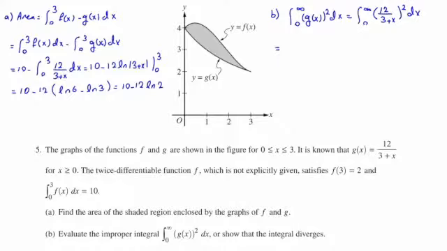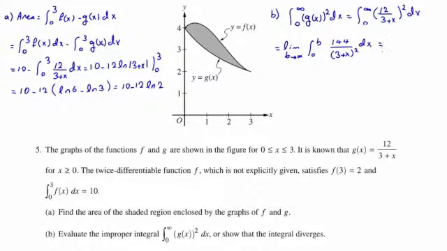Then we can write it as limit of b approaches infinity, integral 0 to b, 12 squared over, so it's 144 over 3 plus x squared dx.